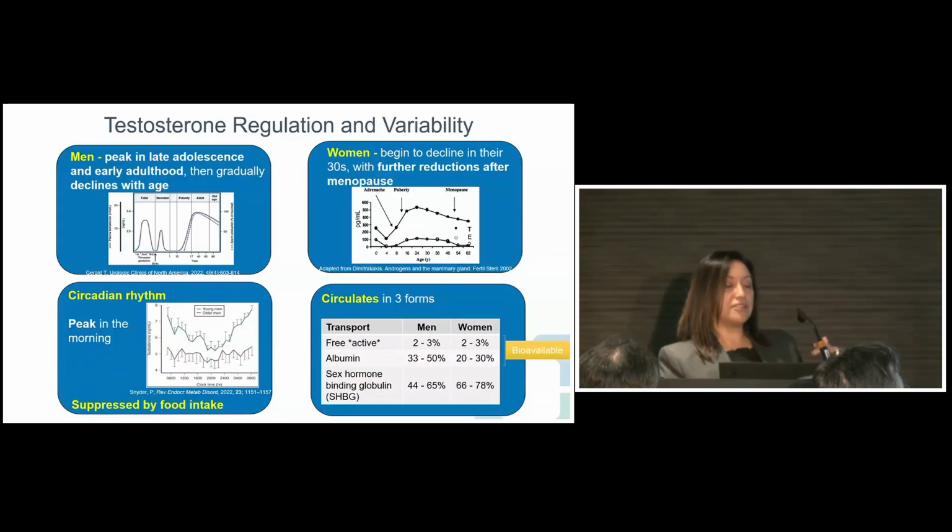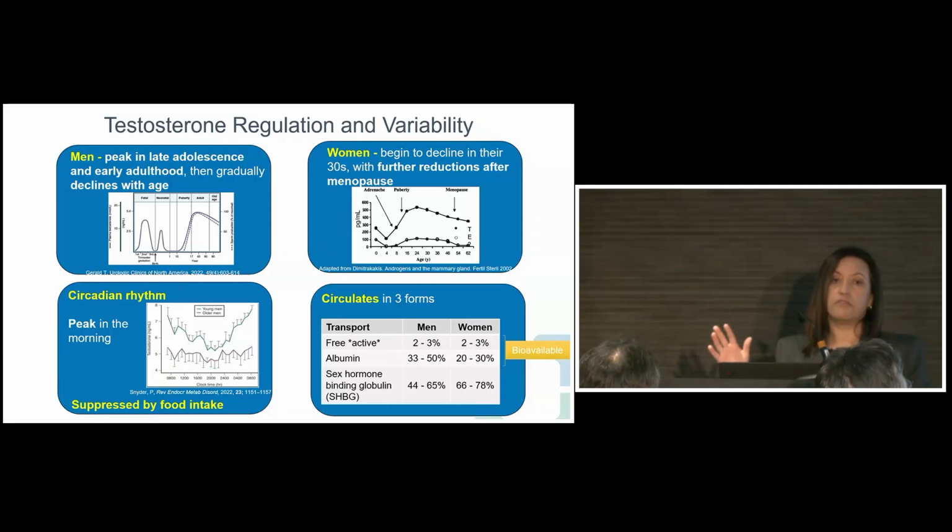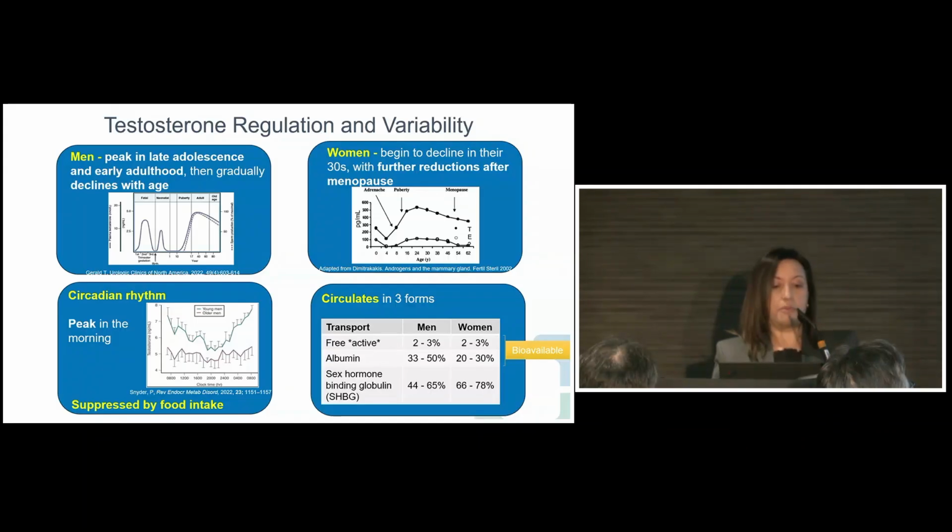Other layers of regulation for testosterone include the variability through the age. Both men and women see a peak right after puberty, and then a decrease around 30 or 40 years of age. Keeping in mind that the concentrations that we're displaying for men are in nanograms and for women are in picograms.